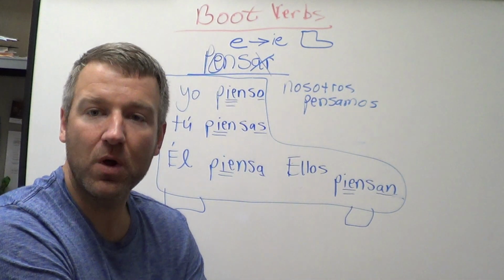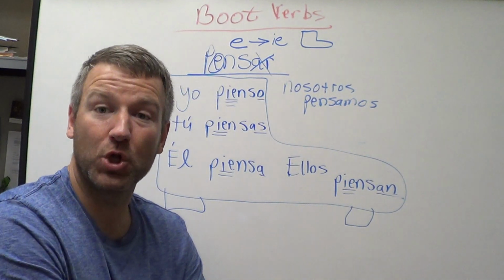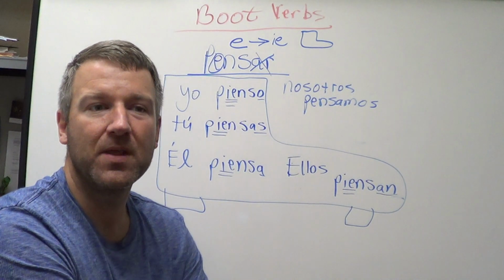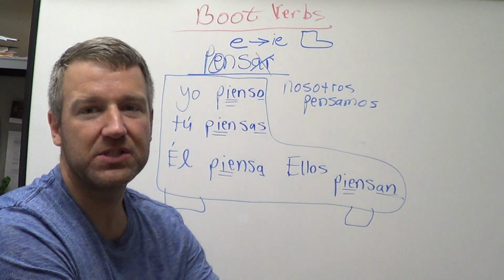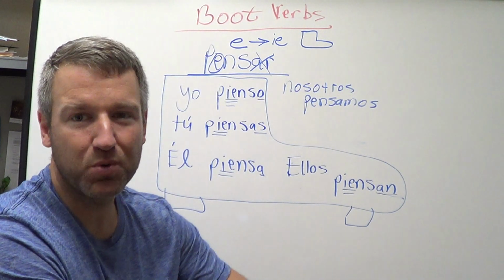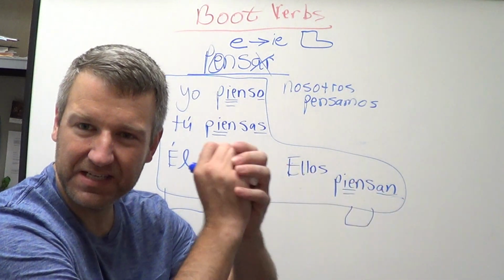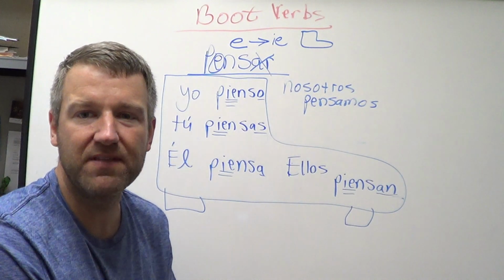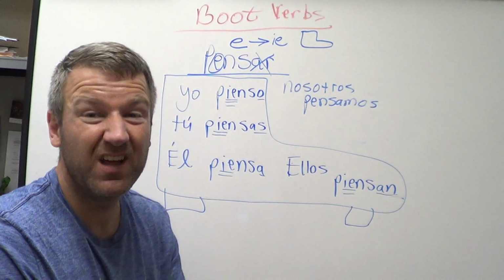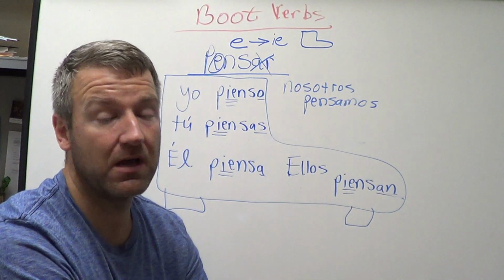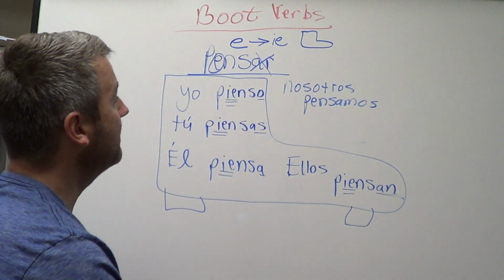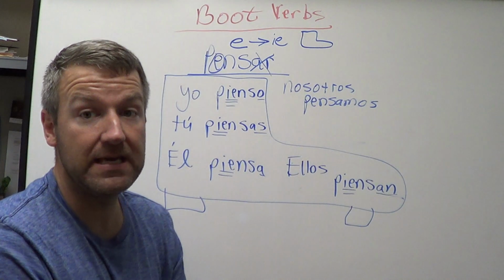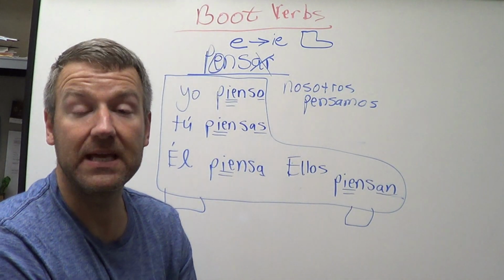And even though it's not wrong to question, sometimes as adult learners, when we learn a language, we have that desire to question. We want to know why. But sometimes if we just allow the language process to flow and just act like sponges and just absorb all of that, just accept it for what it is, sometimes that can help that language process out a lot better. Okay, so this is an example of a verb that goes from an E to an IE in Spanish.